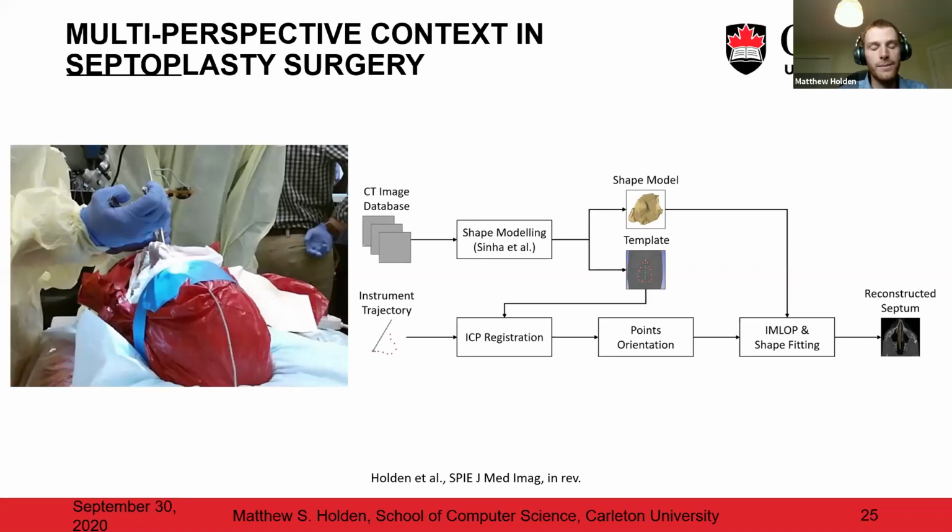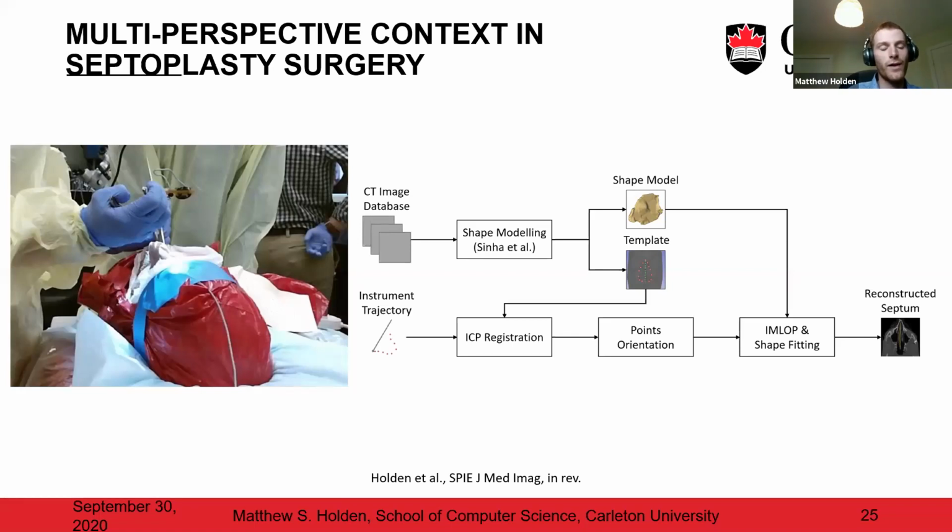So what we aim to do in this work is, based on instrument data that we collect during the septoplasty surgery, continually update our model of the septum as we collect more data and as the septum is operated on, so that we have that knowledge of how the anatomy is being affected by our surgery.